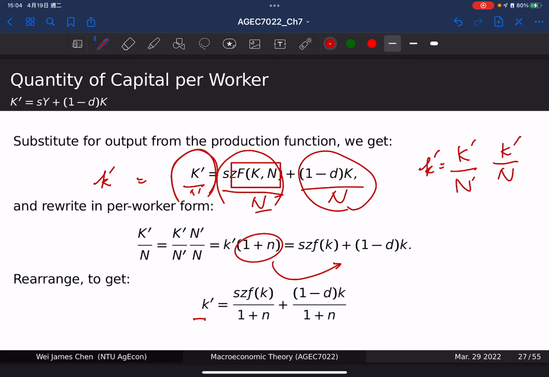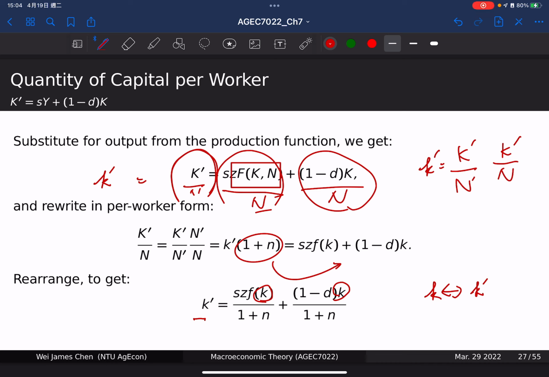Why is this equation important? Because it tells you the relationship between k and k prime in equilibrium. If you have the k here, you insert the per worker k inside this function, and you will notice that the other variables here are all exogenous. The lowercase d, n, z, s, the f function, those are all exogenous. The only thing you didn't know yet was the per worker k.